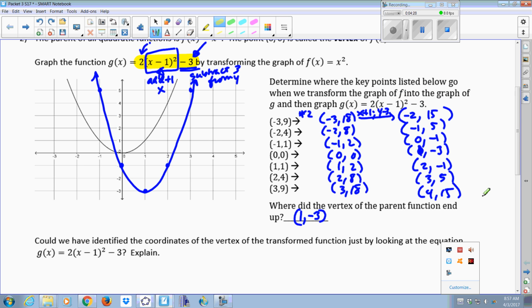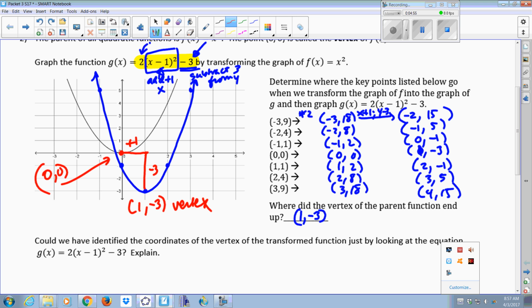So if we go back to our original parent function, right here at 0, 0 was our original vertex for our parent function. So what happened? It shifted right 1 and down 3. That's our new vertex after we've performed those transformations.